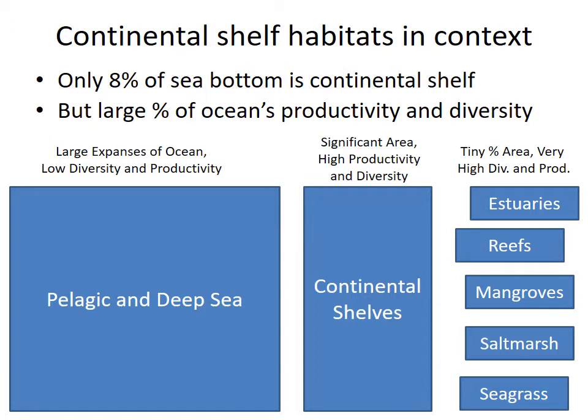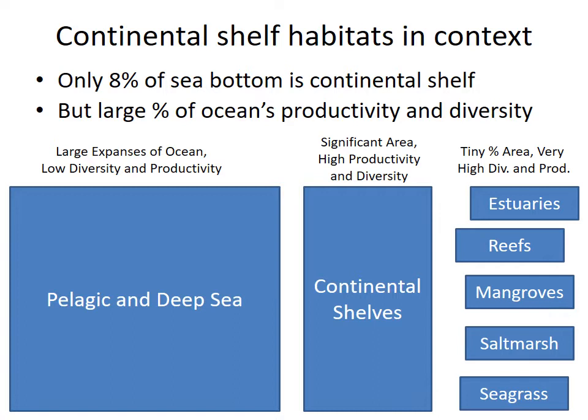So to put continental shelf habitats in context, they are a much smaller component of the world's oceans than the open ocean and deep sea, both in terms of area and volume. So they're only about 8% of the sea would be considered continental shelf waters.